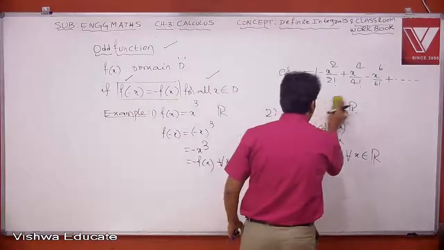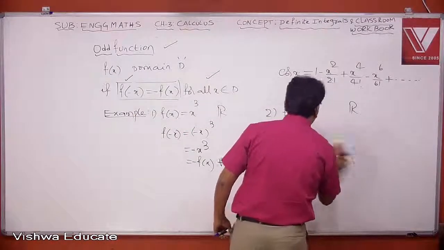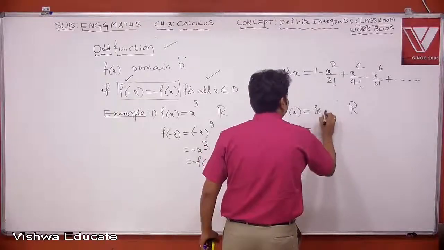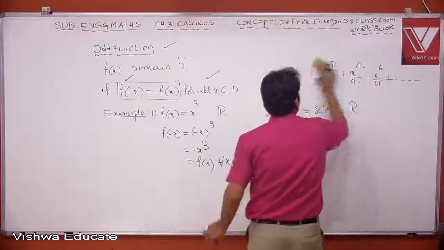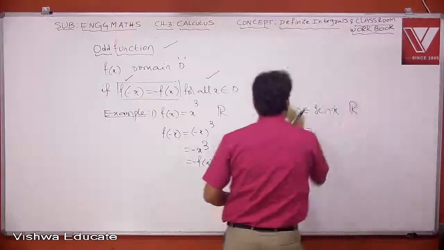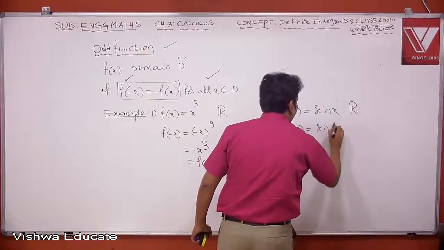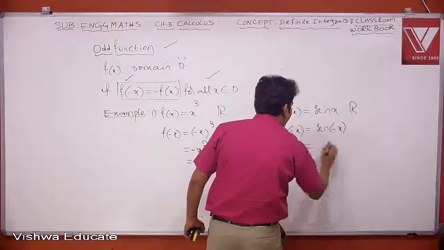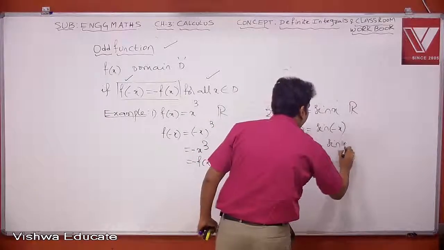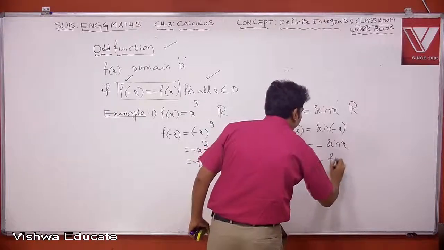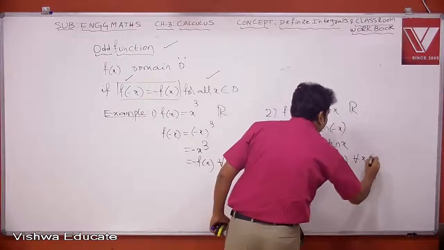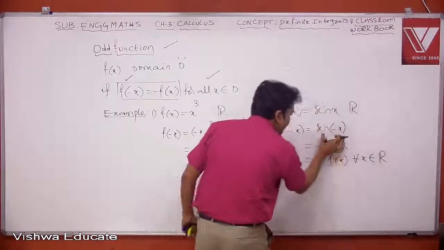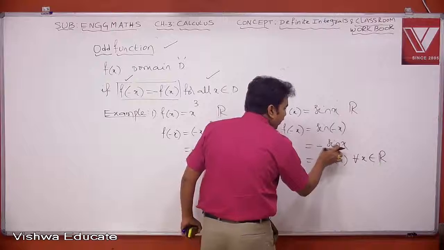When you go for trigonometric functions, instead of cos, let us take the sine function. Now when you replace x by minus x, this becomes sine of minus x, which is minus sine x. So this is minus f of x for all x belonging to R. Why is sine of minus x equal to minus sine x?